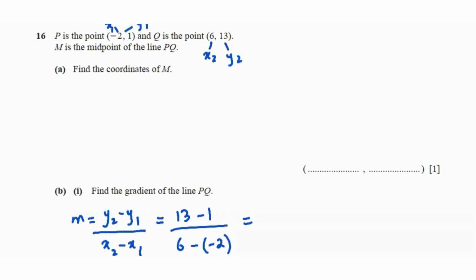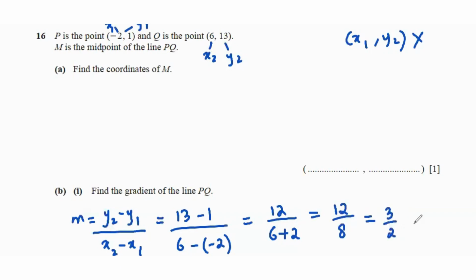You can't swap between them. If you're making a coordinate x1, then its corresponding y value would always be y1, not y2. So 13 minus 1 is 12. 6 minus -2 is 6 plus 2, which is 12 over 8, and that can be simplified to 3 over 2 or 1.5.